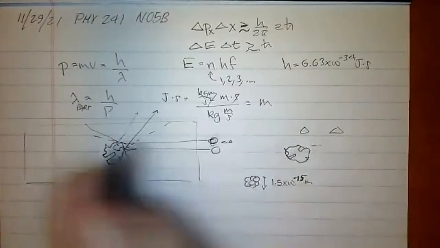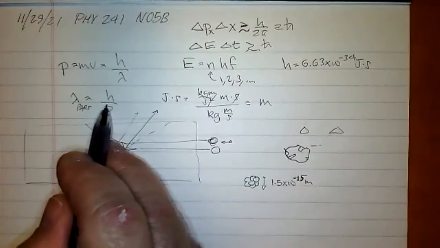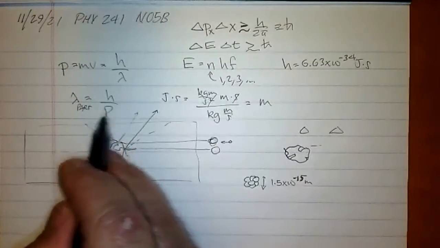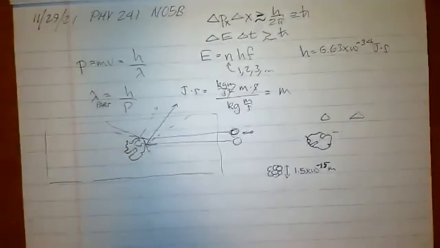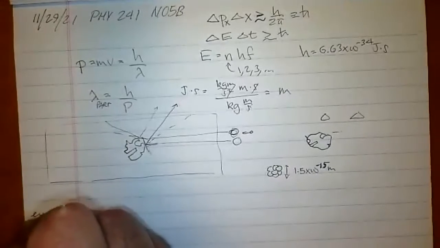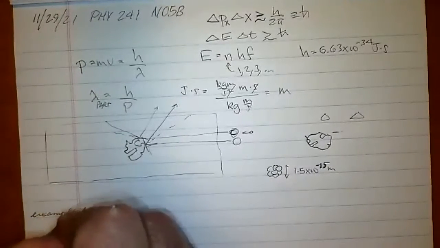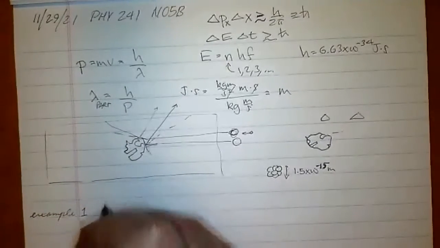Well, guess what? In order to get a really small wavelength, according to de Broglie, you have to have a really high momentum. Okay, so let's do an example of that. Example 1.